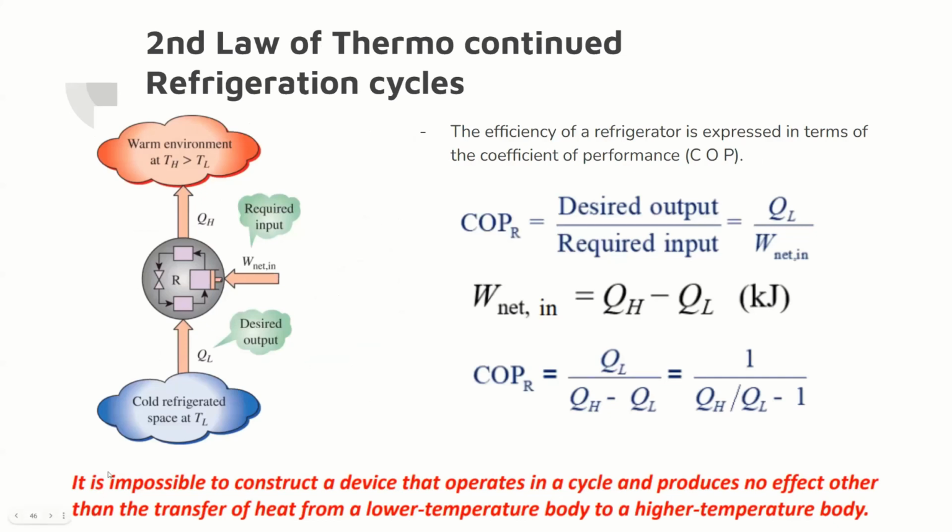Okay. And the other statement, which could be asked of you, I've seen some questions in past finals where they ask you some definitions. It is impossible to construct a device that operates in a cycle and produces no effect other than the transfer of heat from a lower temperature body to a higher temperature body. So let's say, for example, you're in a classroom and you bring a cup of tea that's at room temperature.